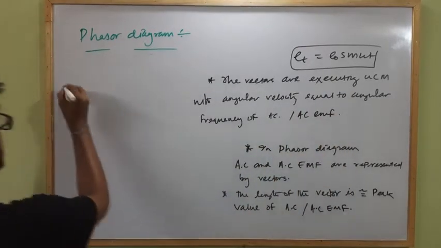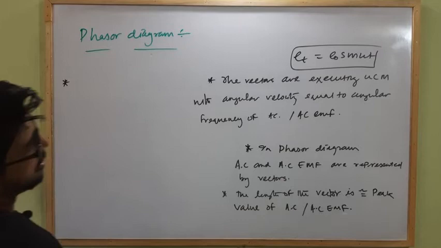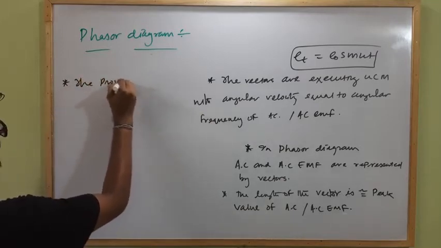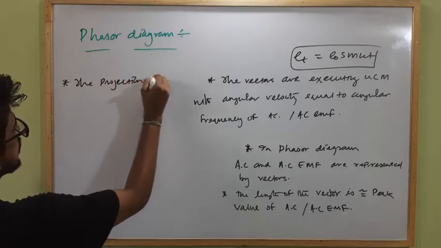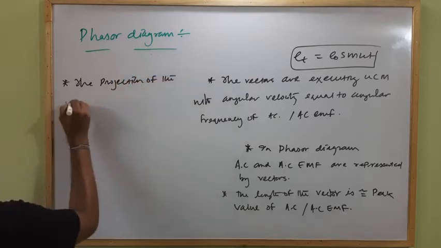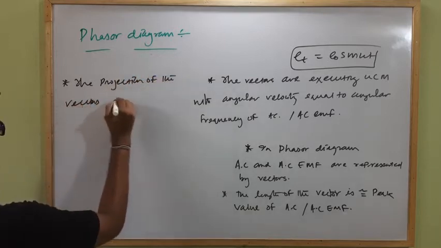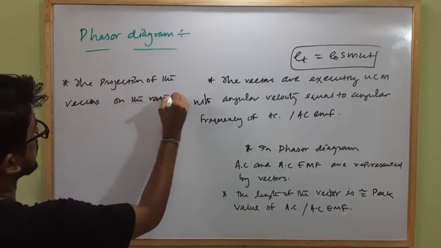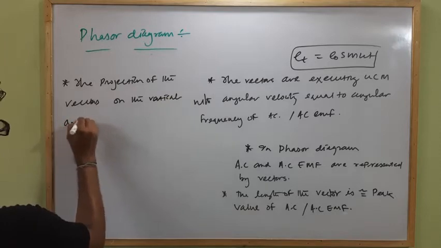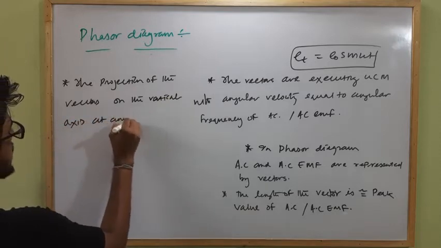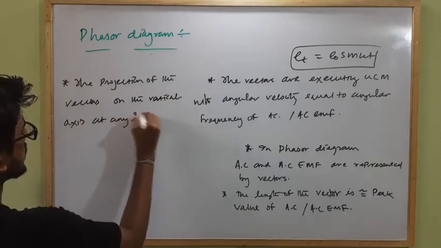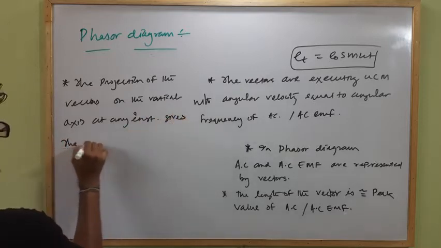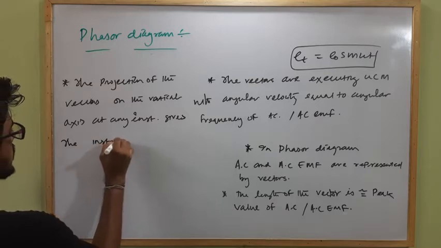Clear? Next, the projection of the vectors on the vertical axis at any instant gives the instantaneous value.